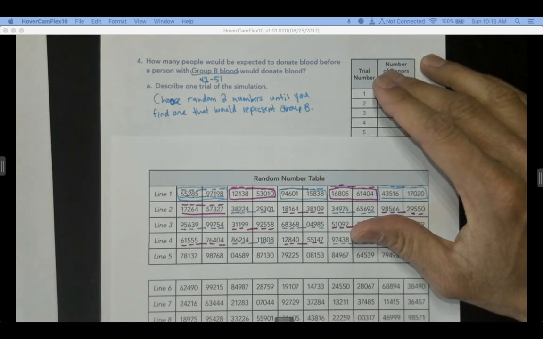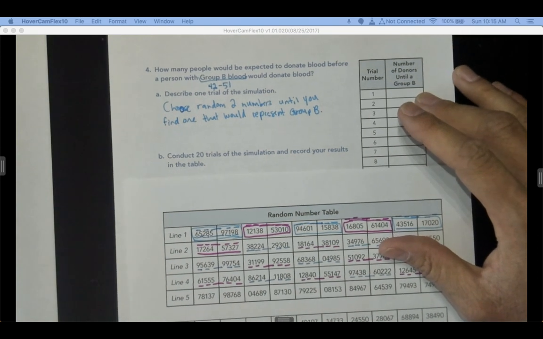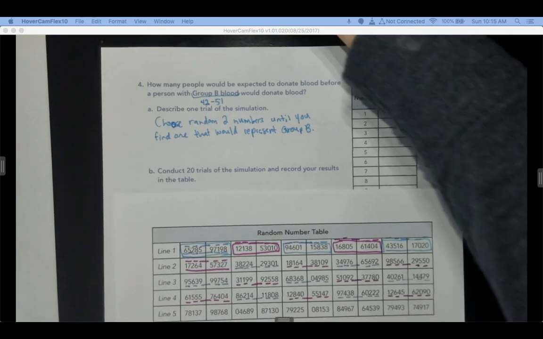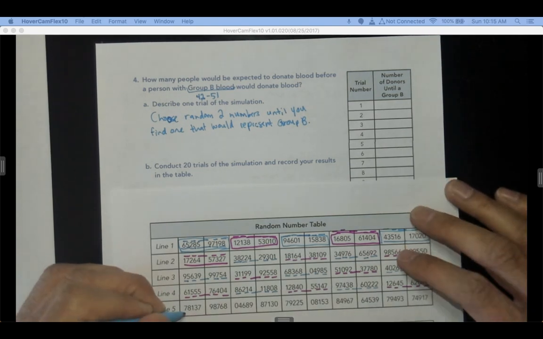All right, sorry. Conduct 20 trials of the simulation and record your results in the table. So I'm looking for 42 to 51, and I'm going to start where I left off.